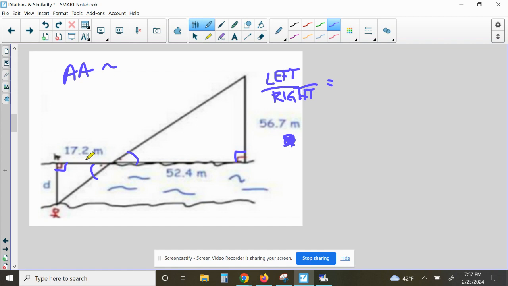This is 17.2. So what side does that match up with on this one? 17.2 matches up with this one, 52.4.